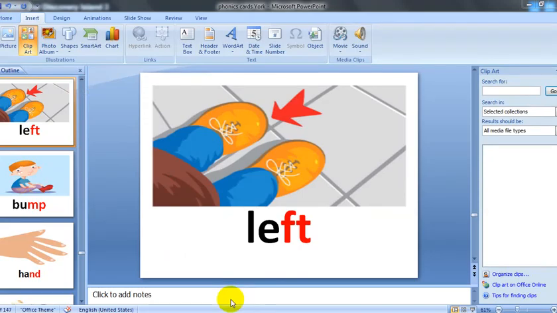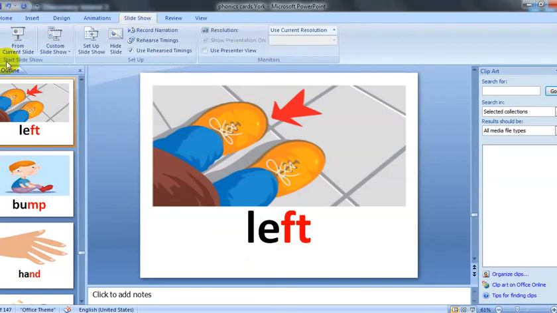Before going to the activity book, I've prepared a PowerPoint show for you that's going to be helpful. Here we have the word left, and you can see the consonant cluster quite clearly here. F and T, ft, left. Let's go to the next slide.